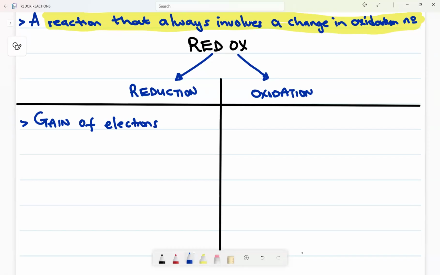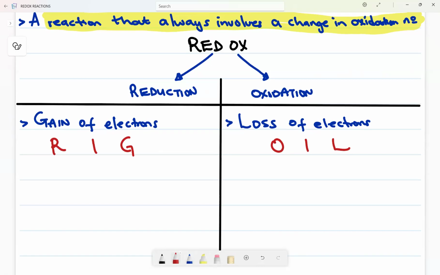And then oxidation is going to be loss of electrons. And then someone says, how am I going to know reduction is gain of electrons, oxidation is loss of electrons? Isn't there any analogy that one might come with? The fortunate part is that we do have an analogy for oxidation being loss of electrons: OIL RIG.